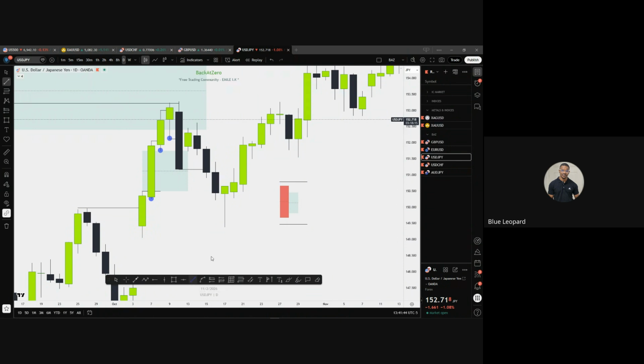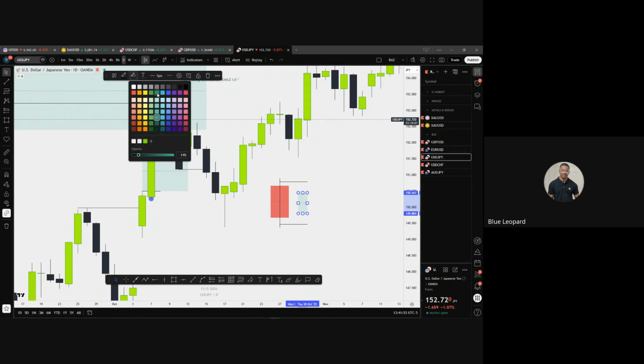The inside bar, or the inside candle, like I'm showing here, it's a play, it's a setup by itself. When you see an inside bar, be happy because you just got yourself a trade.